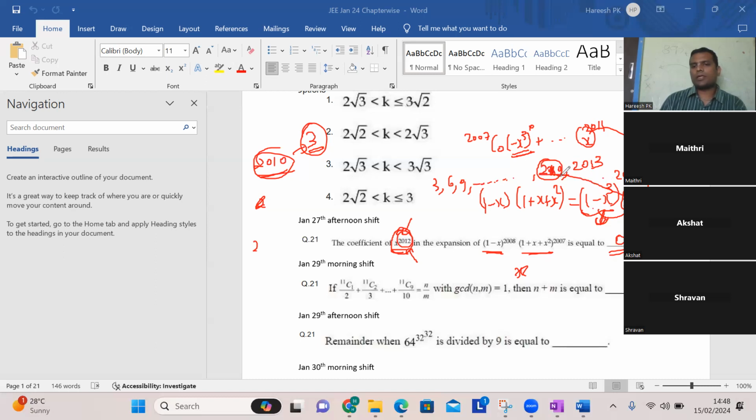And if you take the 2010 power and multiply with x, you'll still get 2011, but you'll not get 2012. So because you'll never get 2012, the answer here is 0. Is it clear? Yes, sir. They've given the answer as 0 only, right?